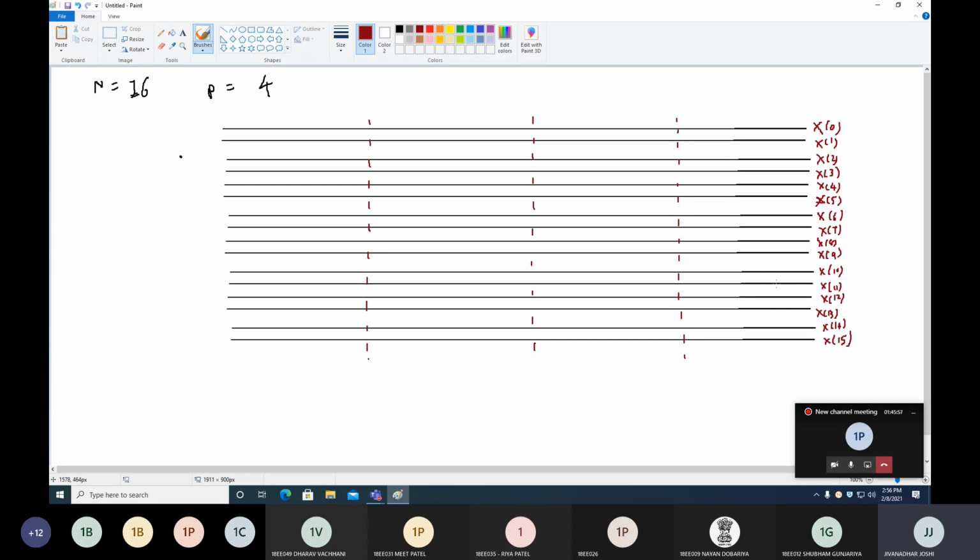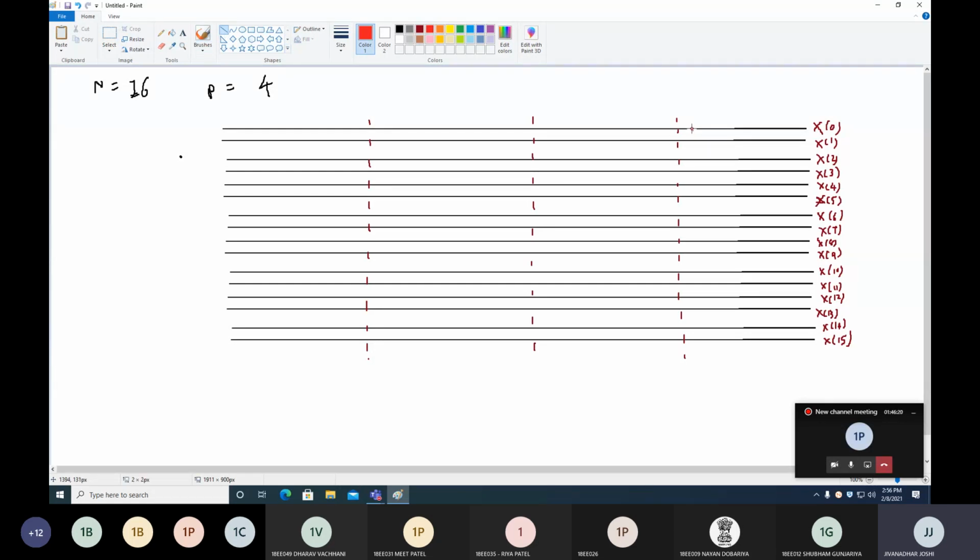15 જ આવશે કે 16 આવશે? Yes, 15, because up to n minus 1. That's why. So now we need to draw the signal, 8 signals towards bottom side and 8 signals towards upside, right?